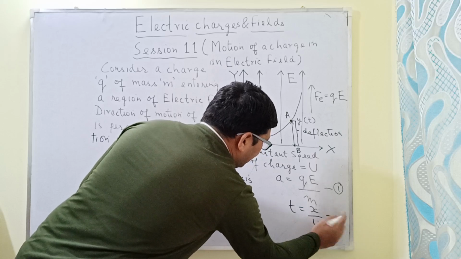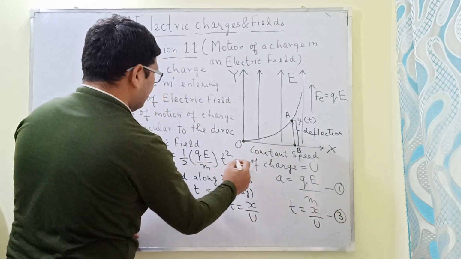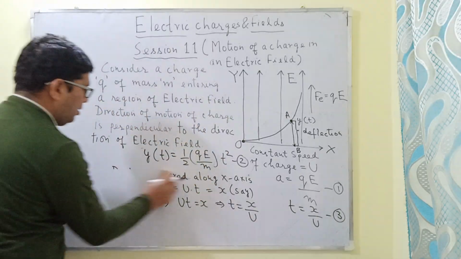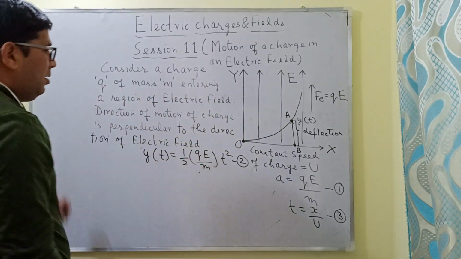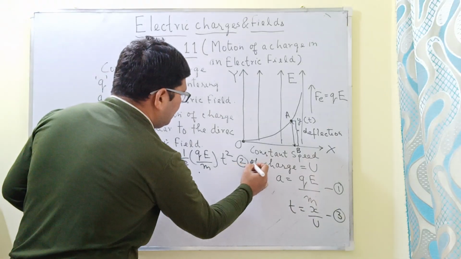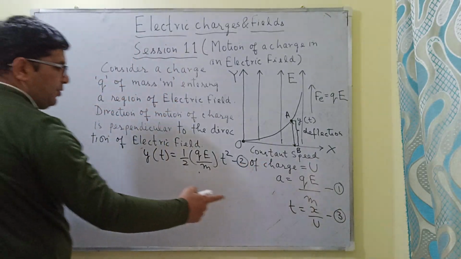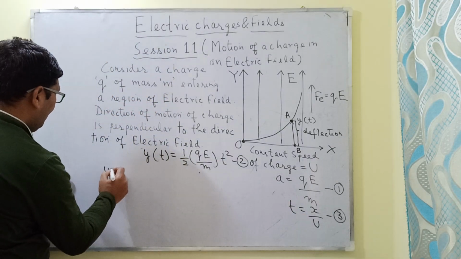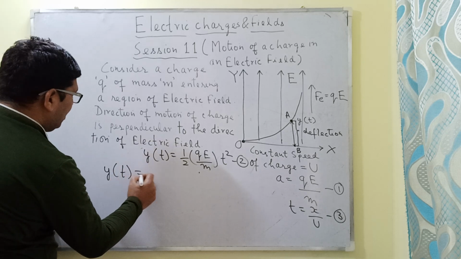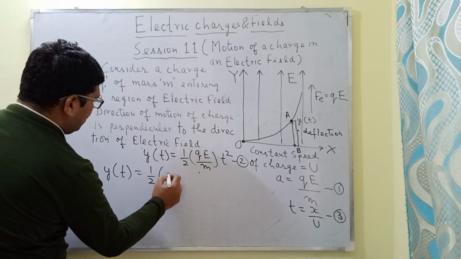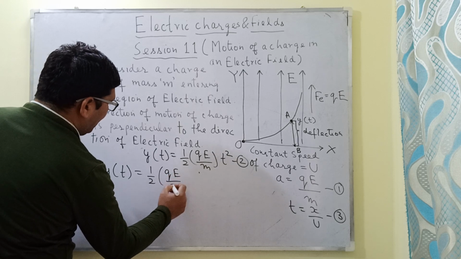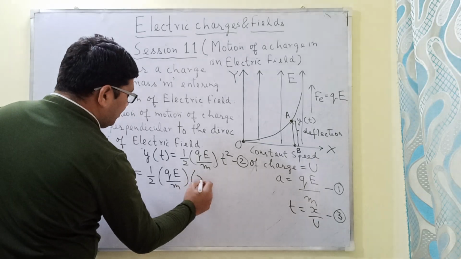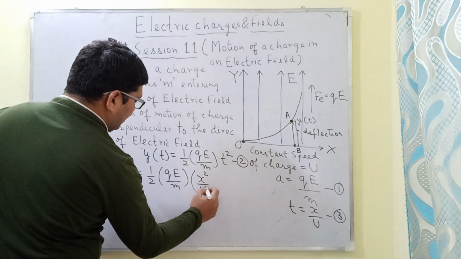I am just making this the third equation. This is the second equation. Now substituting this value of t from equation 3 in equation number 2, I will get the displacement, that is yt will be equal to 1 by 2 qe by m, and t is equal to x upon u, so this will be x square upon u square.